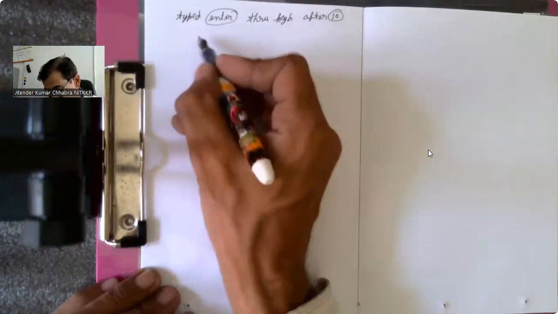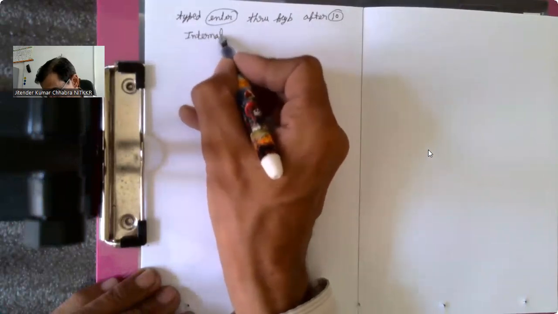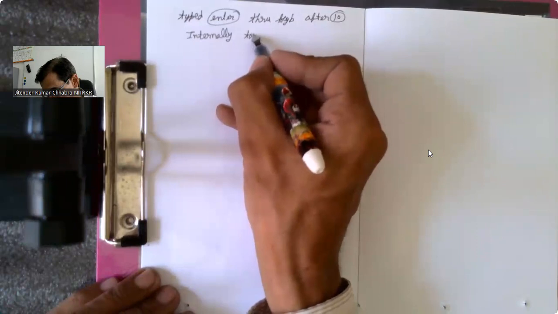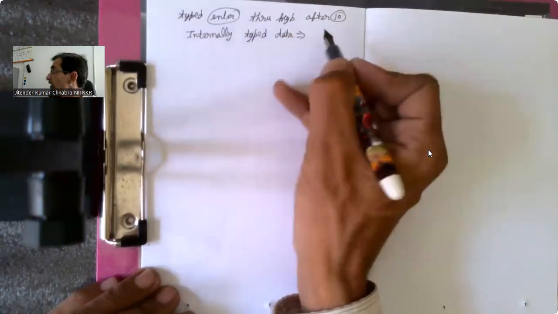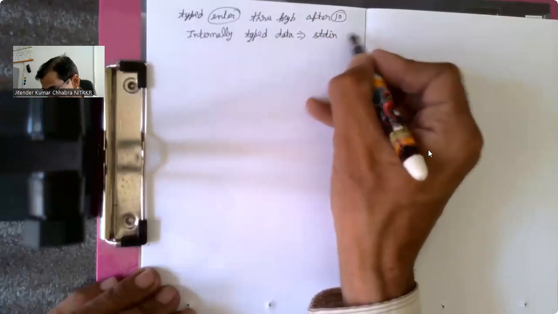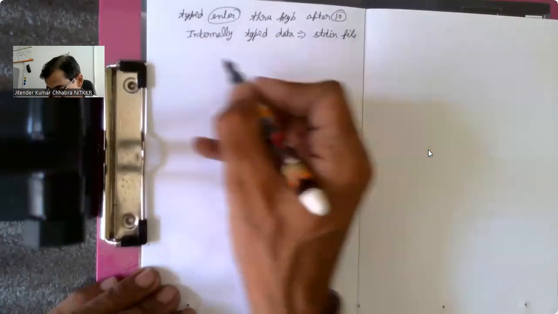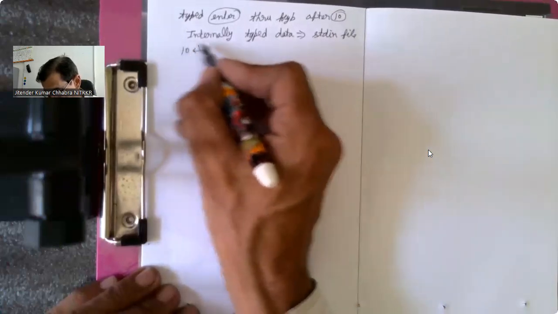After 10, what really happens internally is that whatever you type, all your typed data, actually goes into a special file called the stdin file. So you typed 10 and enter on the keyboard.